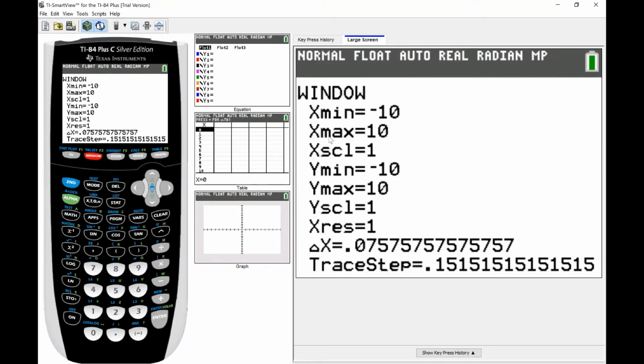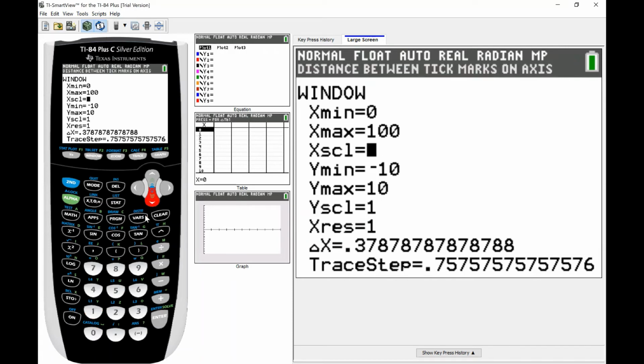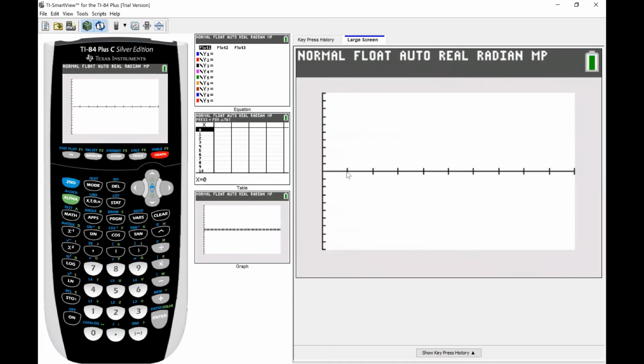Let's make our smallest X value 0 and our highest X value 100. So we're making sure that we can see everything in there. And our scale, let's not count by ones, let's count by tens. And what this does, when I go to my graph, is you can see those lines, it doesn't look like one thick line right there, right? We're counting by tens, not ones.